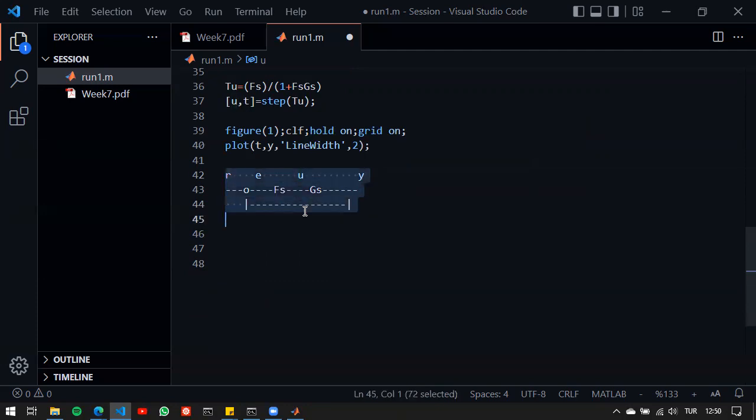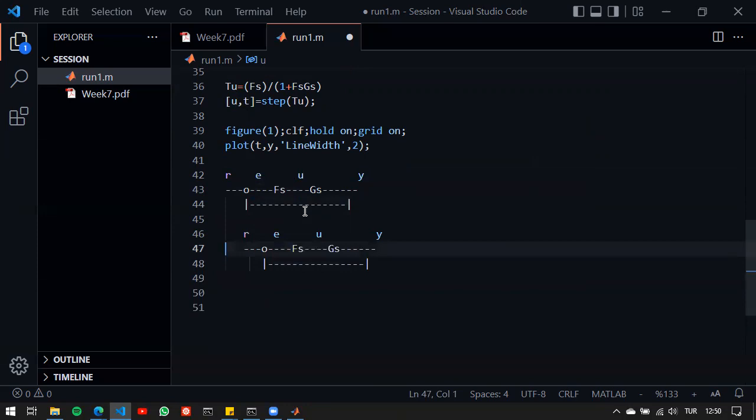Since we have a connection here, we can just take this Gs here. Since this is not our output anymore, we have to put it down here. Hope that I can do this. So we're just moving this here.